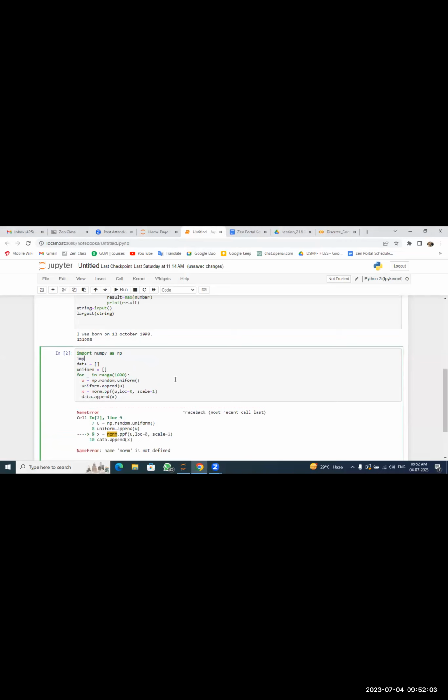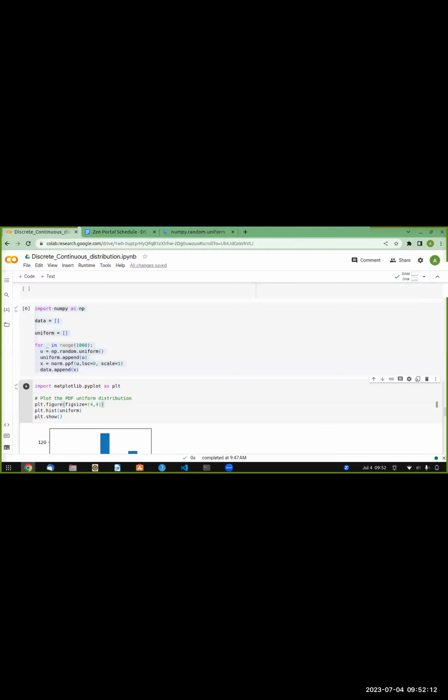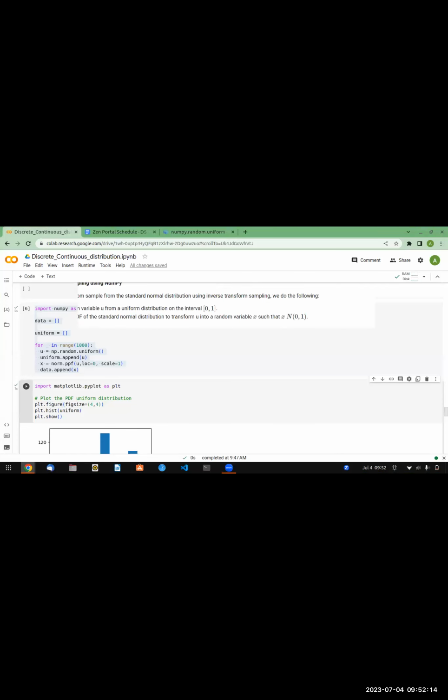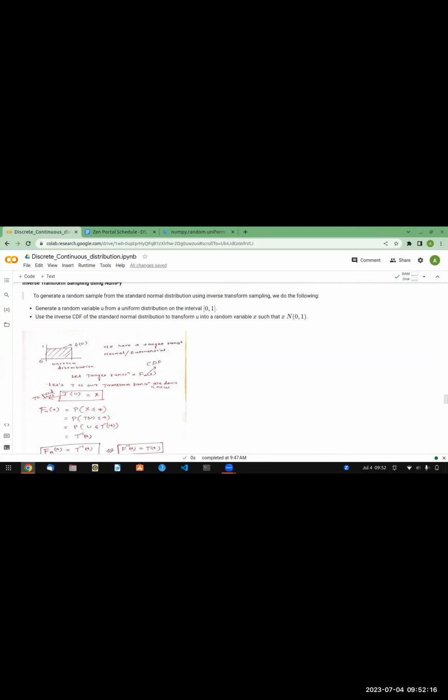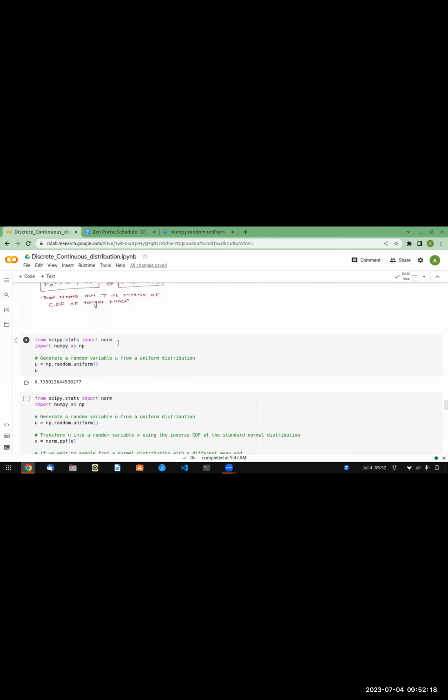Stop sharing, I'll tell you. You have to import this library. Because you already imported it above, it is not showing an error. That's scipy.stats, import norm. You need to write that in your code, and that way it's going to work.